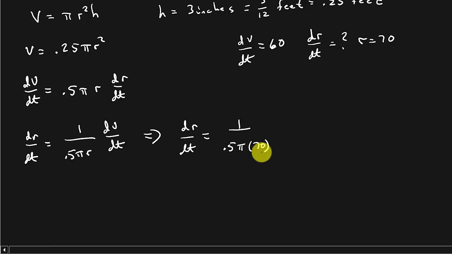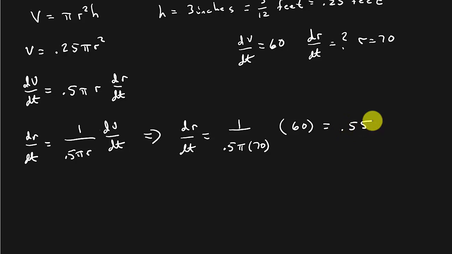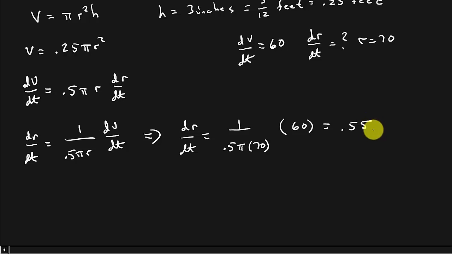I plug the 70 in for r, times 60, which is the dV dt, and that is going to give us 0.55. So what does this mean? When the radius is 70 feet, it is increasing at about 0.55 feet per minute.